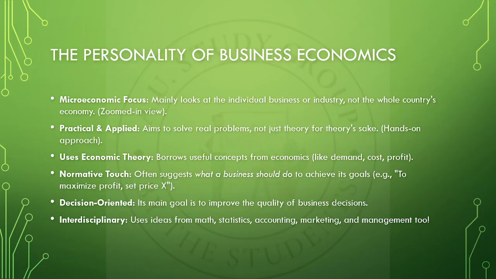You remember the positive and normative aspects we discussed in the last class, right? Positive economics is basically about facts, normative is about opinions. So business economics is very often normative because it suggests what businesses should do.